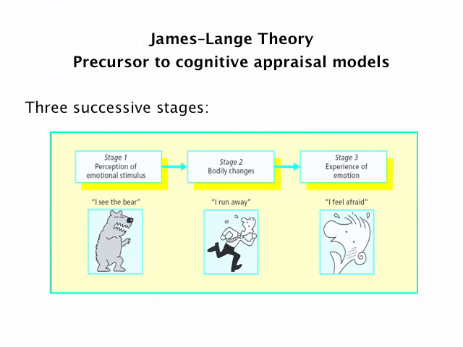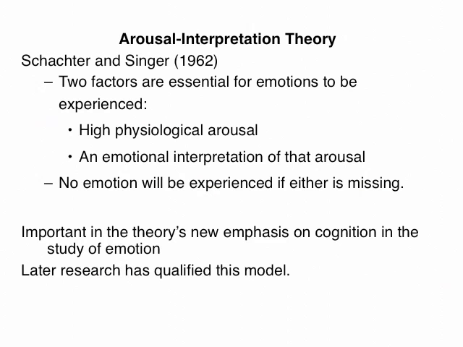So you can think of this as a precursor to a cognitive appraisal model. There's an interpretation going on, but really it's more like event and physiological change plus behavior. So later, quite a bit later, in 1962, a variant of this is the Schachter and Singer theory.